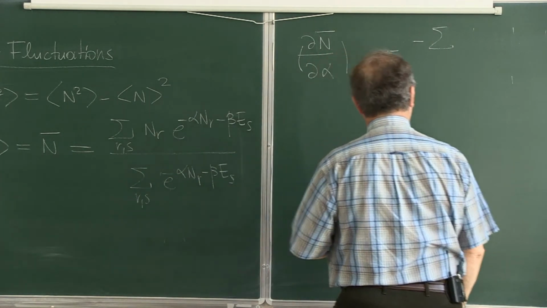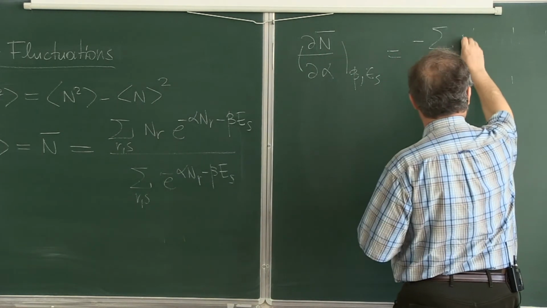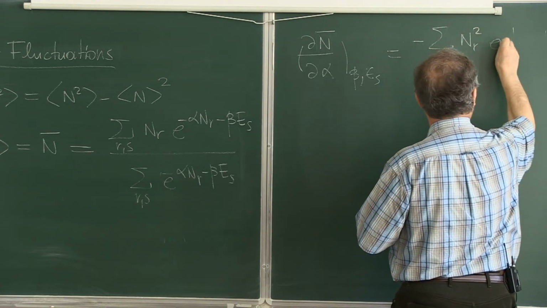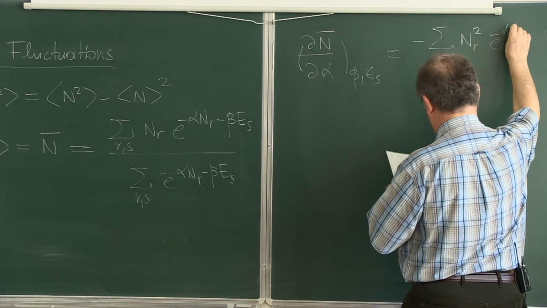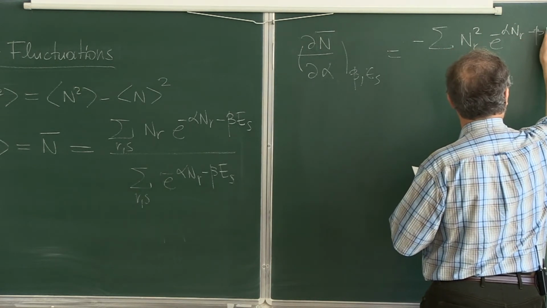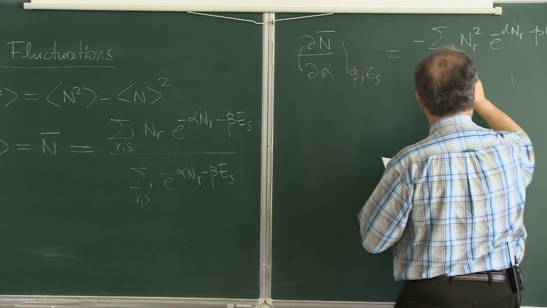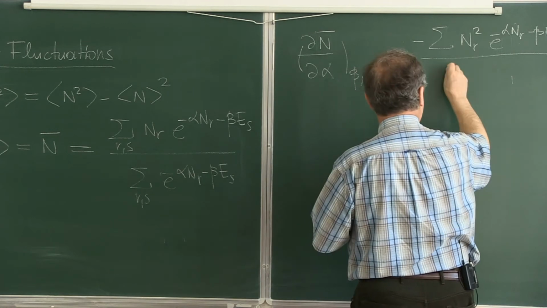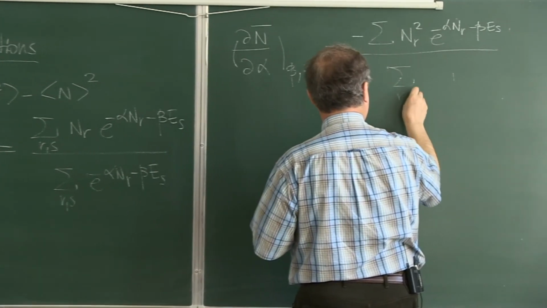You have N_r squared, negative, e to the minus alpha N_r minus beta E_s, times the 1 over the partition function.